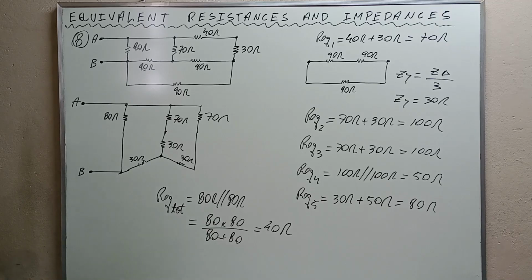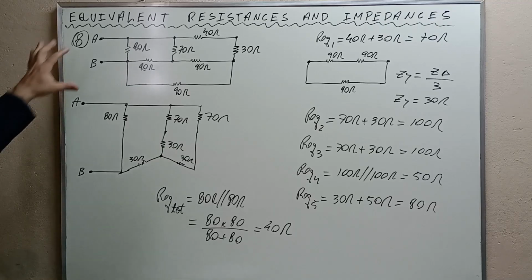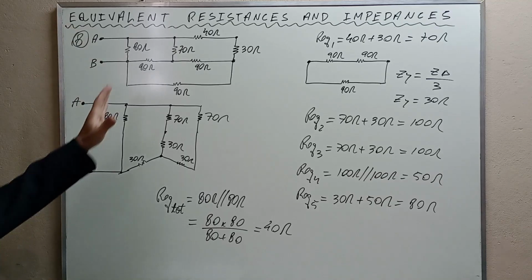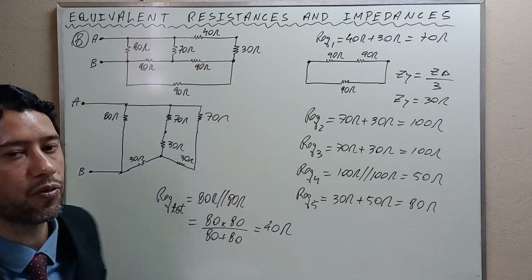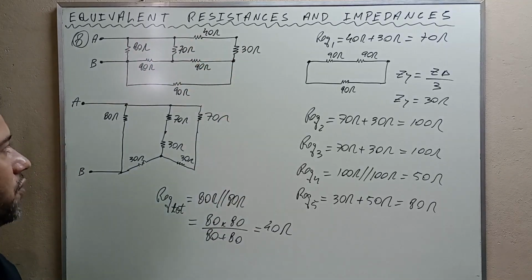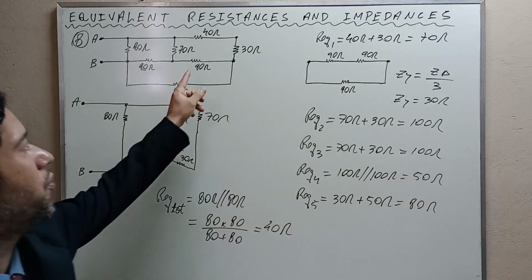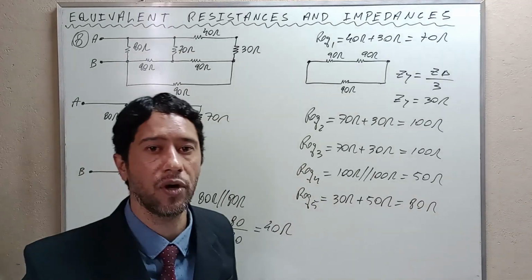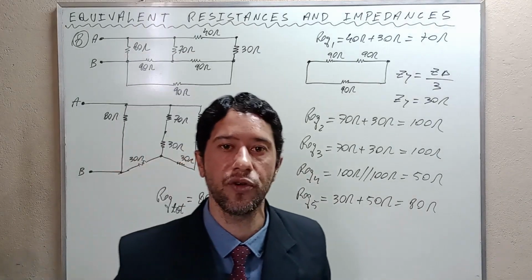I can only see this solution. There will be others, but the other solutions will involve Thevenin or Norton, and this is not what we want. We want to simply use equivalent resistances, and in this case we need to convert from delta to Y. And this is all for the discussion of exercise number 8. Let's go to the next.